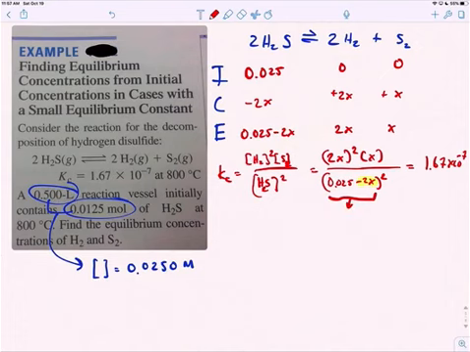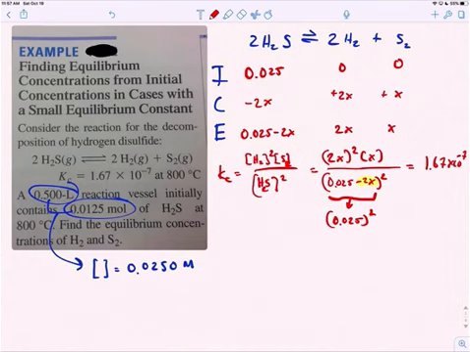You can ignore that 2x and say this equals about 0.025. So I can apply the x is small approximation. I'm just saying that since the equilibrium constant, this 1.67 times 10 to the minus 7, is a small number, that means we're not going to have a whole bunch of hydrogen and sulfur in this. This is going to be an example of a reaction that does not go very far.